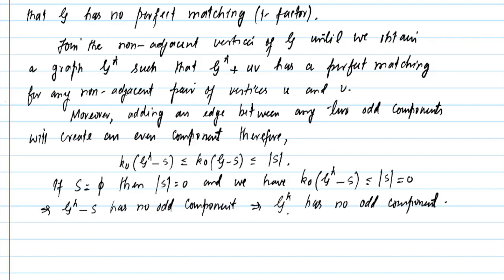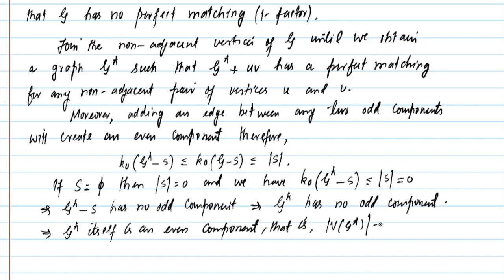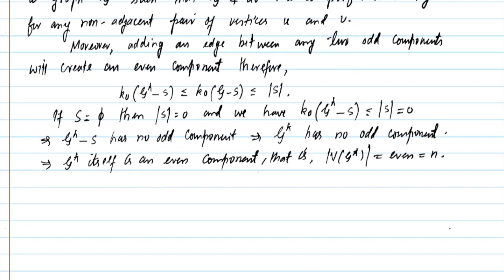But now G star is a connected graph, and G star has no odd component, that means G star itself is not an odd component. It means that G star is an even component, so G star has an even number of vertices. That is, the number of vertices in V of G star is an even number, and suppose it has n vertices, where n is even.